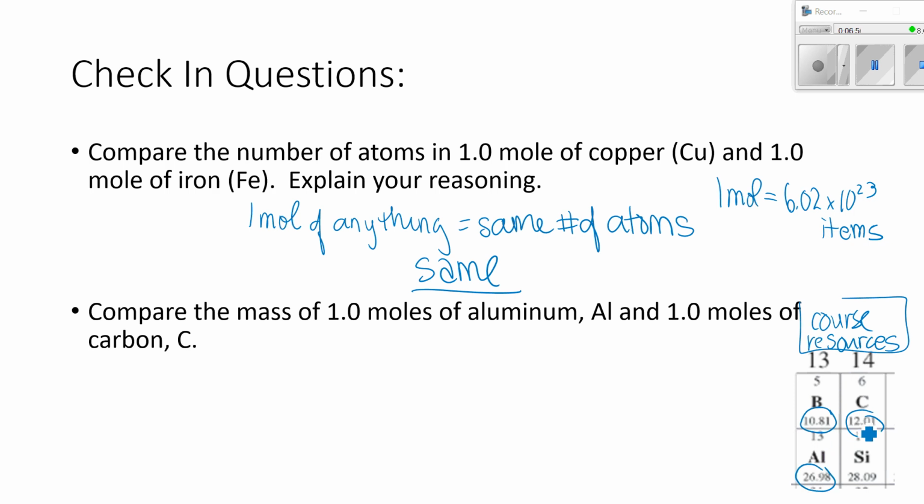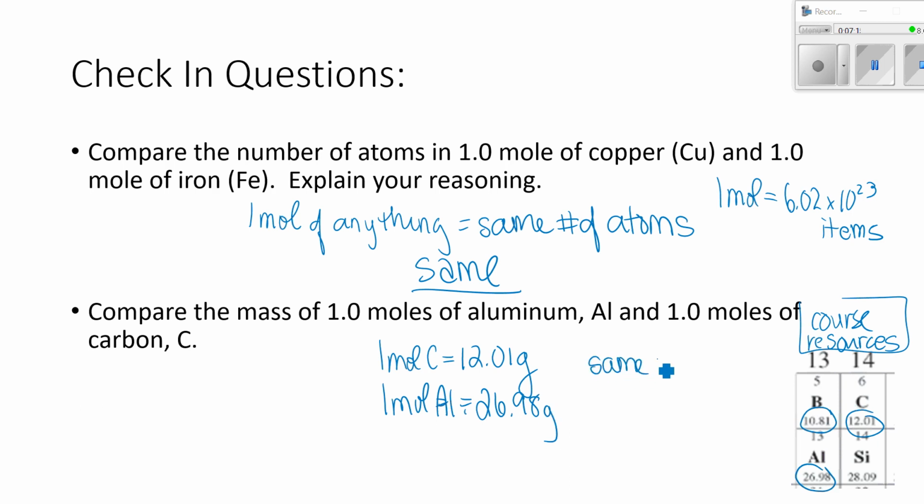Notice how I took a snippet that includes both carbon and aluminum. What this tells us is that 1 mole of carbon weighs 12.01 grams and 1 mole of aluminum weighs 26.98 grams. So they have the same number of atoms, but they have different masses.